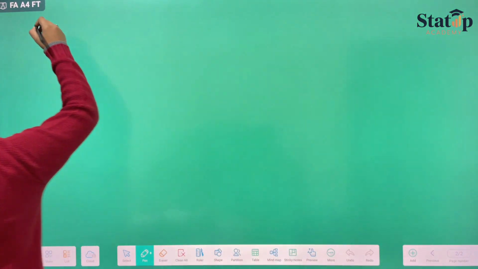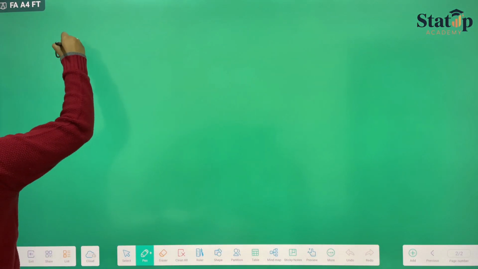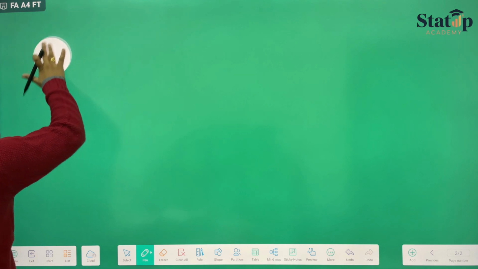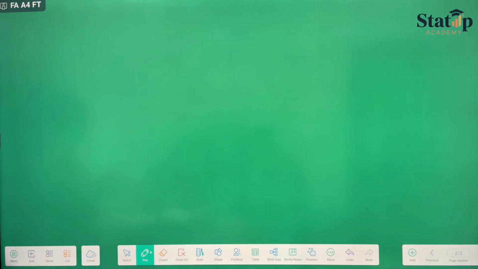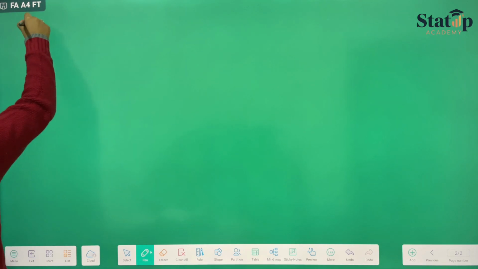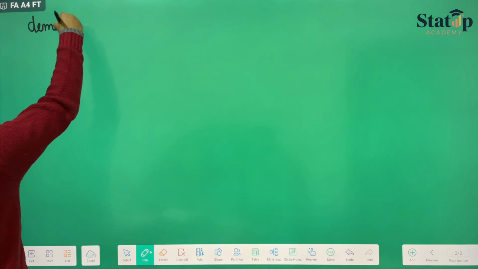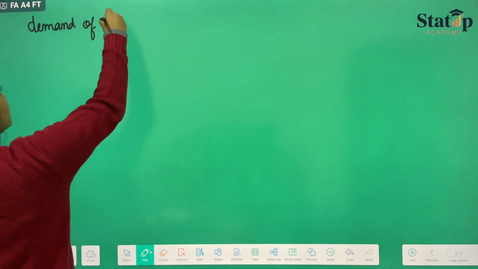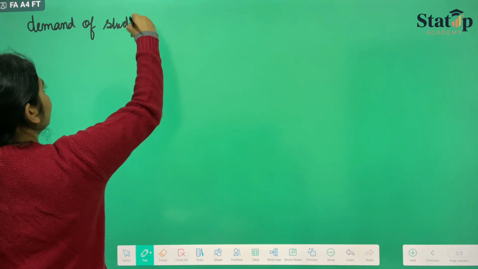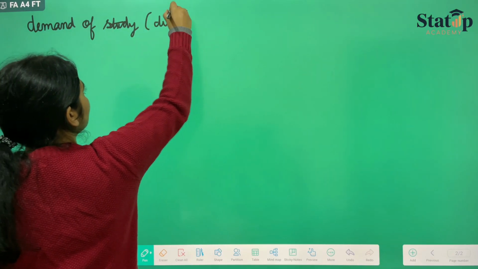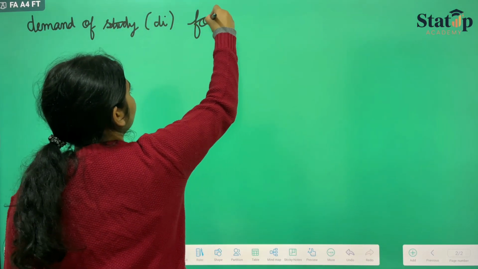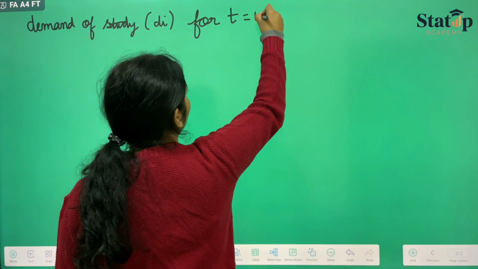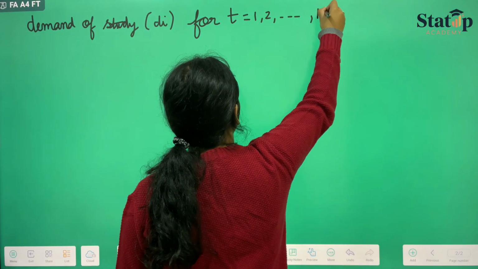So let us take an example of data which states that the study of demand for past 12 years has indicated the following. The demand has been given by the variable dt for past 12 years, for t going from 1 up till 12.